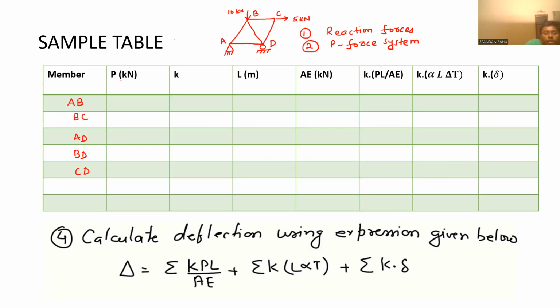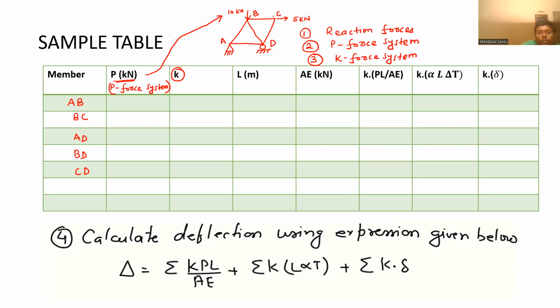And this P will be the member force due to all those external loads present. So this is nothing but the P force system. Now, coming to this step, that is the third step, the K force system or U force system.